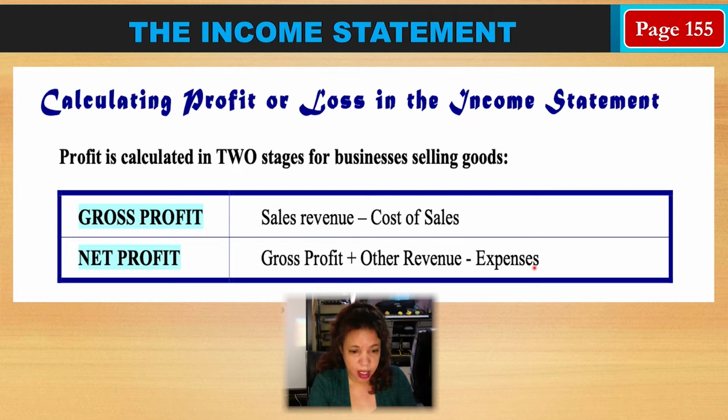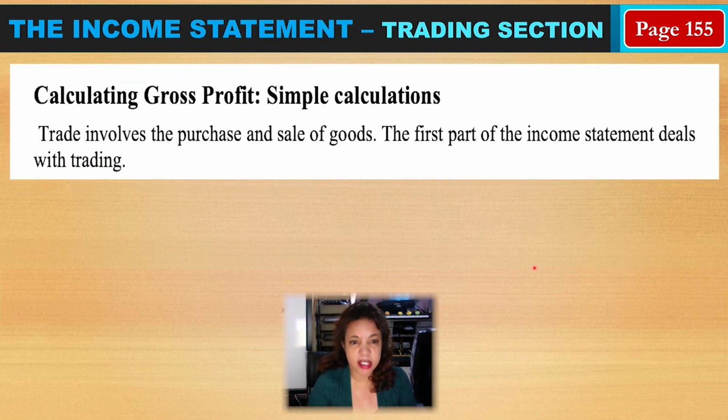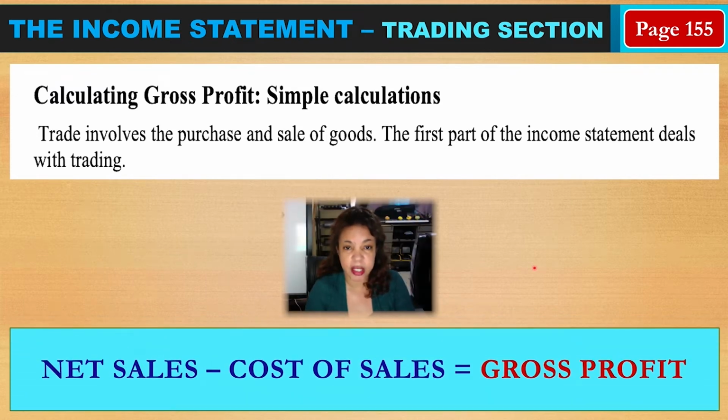Okay? So the stage that we are going to deal with first is the trading section. So the trading section is the one that calculates your gross profit. And remember what we just showed you, what was the very, very simple calculation? Net sales minus cost of sales equals gross profit.